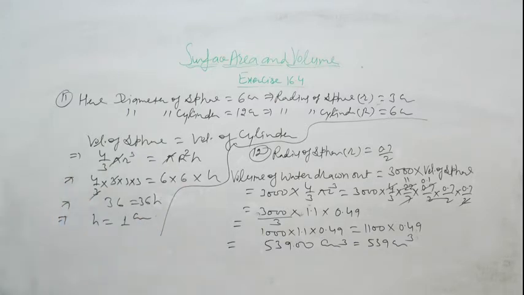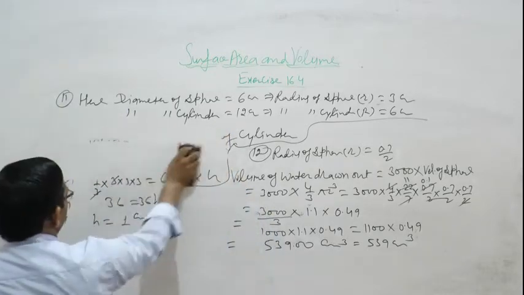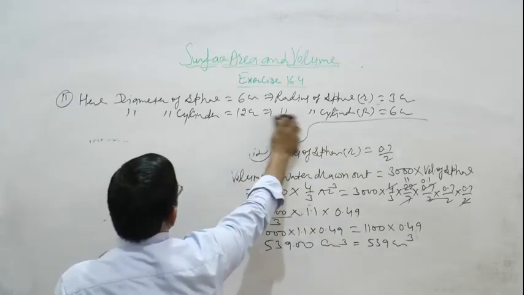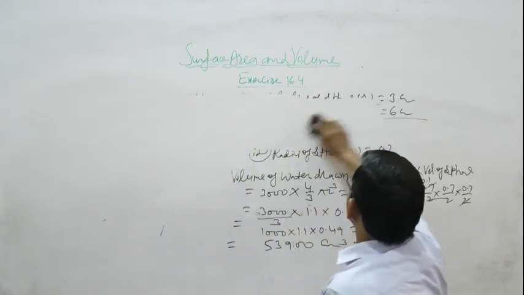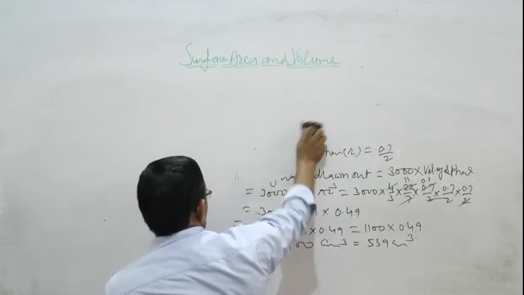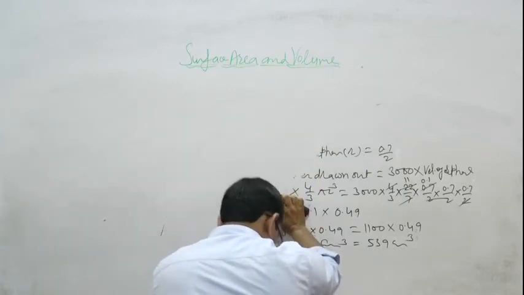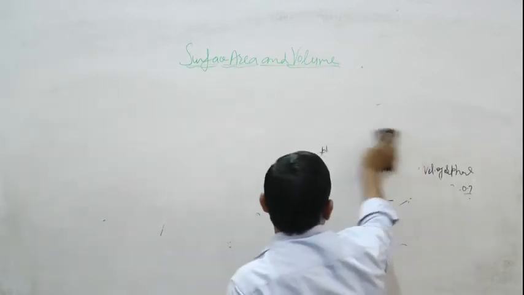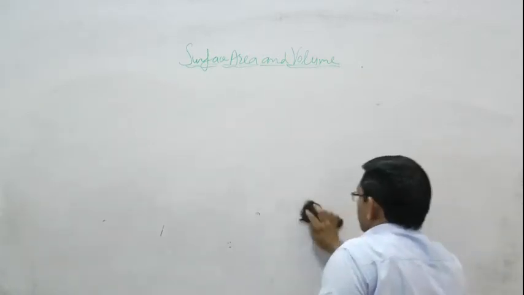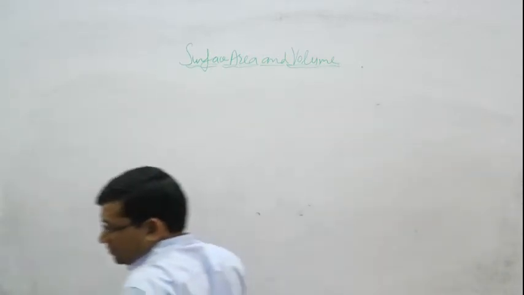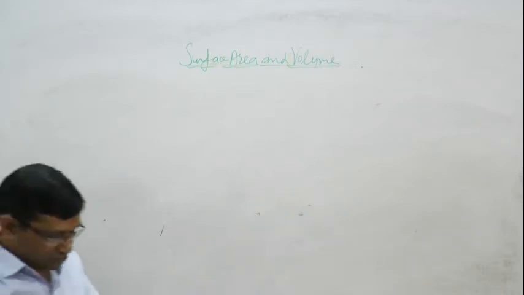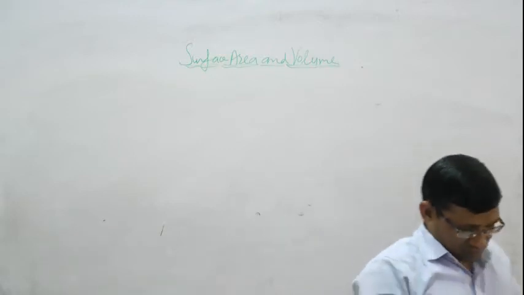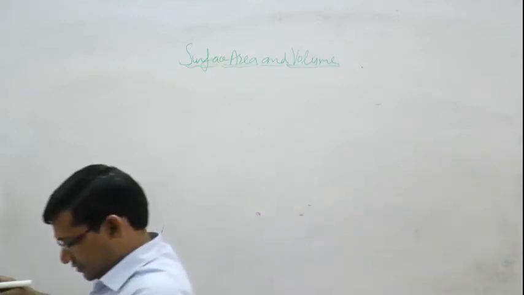We put in the values and solve, and we get 539 centimeter cube. This is the volume of water drawn out. These are some questions which students ask. Now we start the exercise.